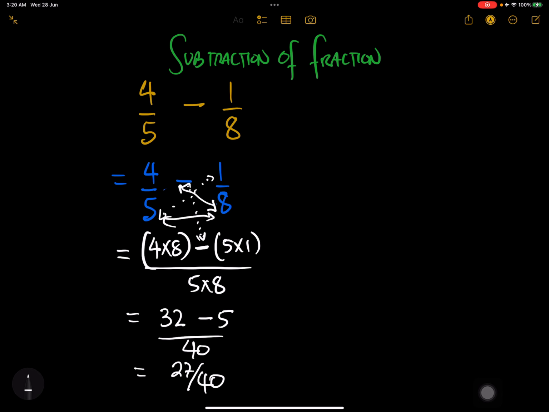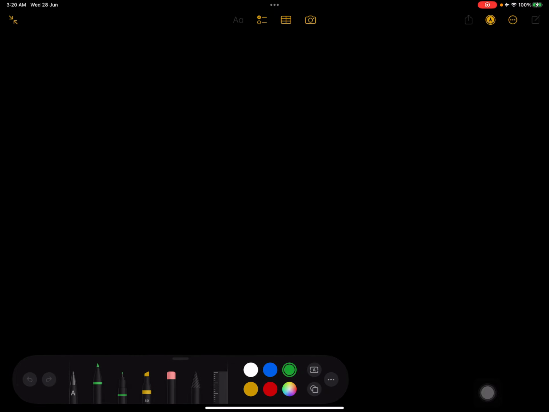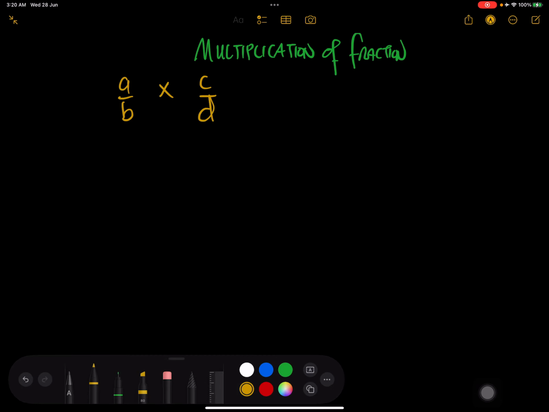Now let's move on to multiplication of fractions. To do that, let's imagine again that we have A over B, and we're multiplying by C over D. The first thing is we look out for common factors.